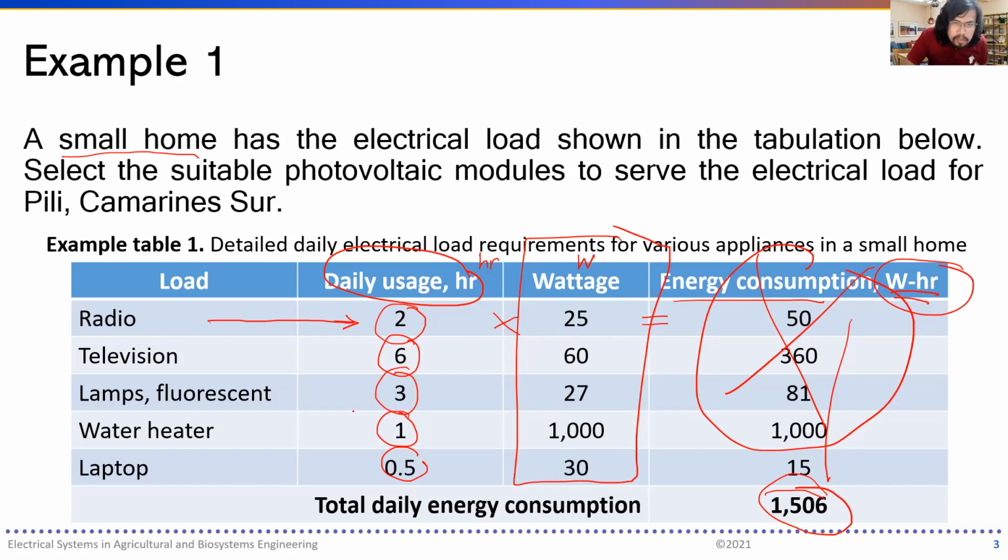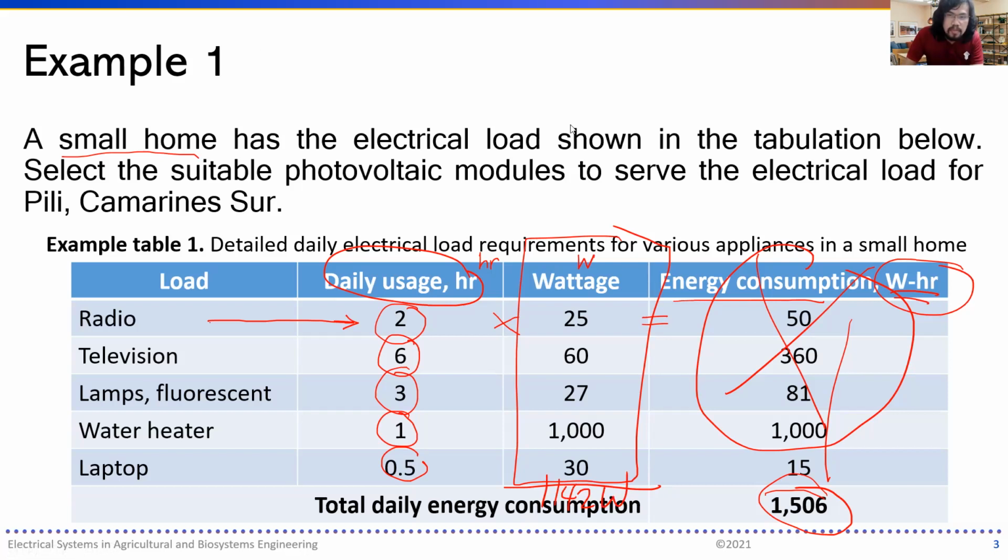You might be using all of them at the same time, so you just add them up: 25 plus 60 plus 27 plus 1000 plus 30 is 1142. Okay, 1142 watts.